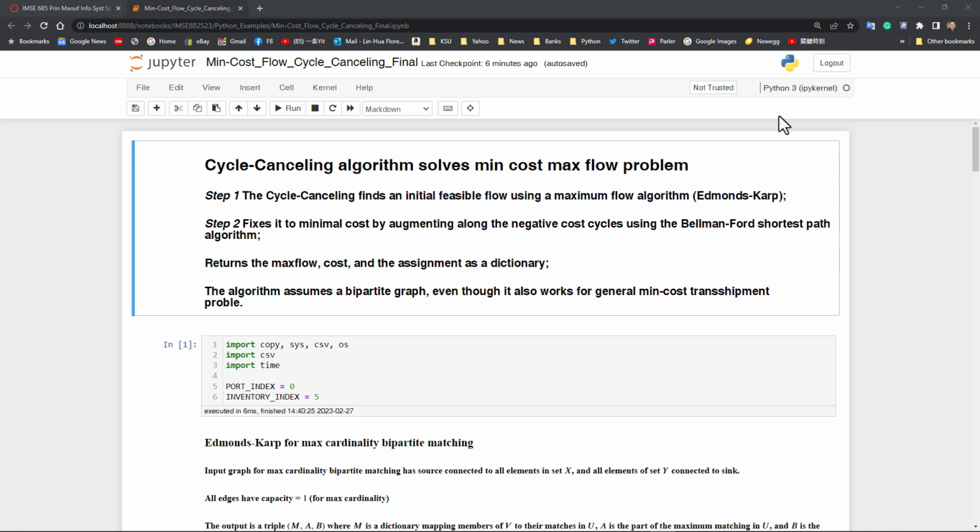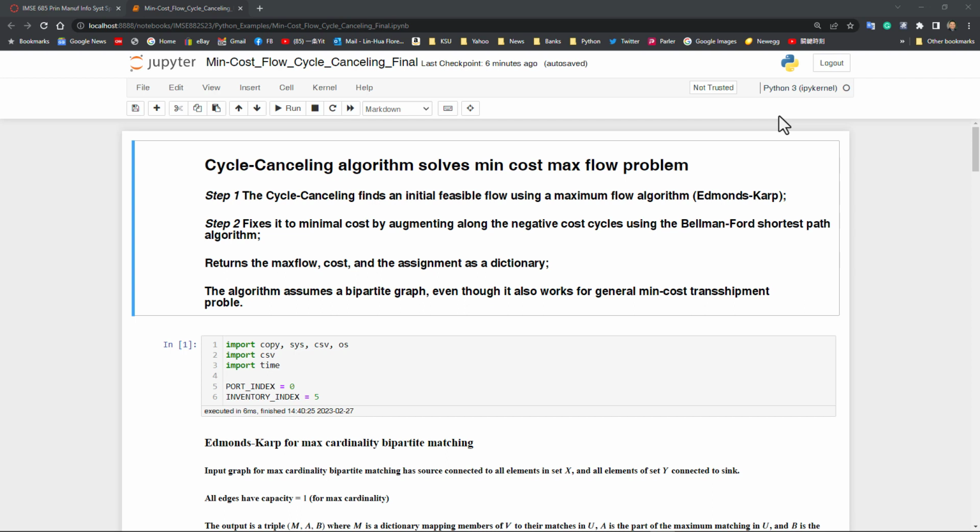There are other alternative solutions for shortest path as well, and we'll probably present them later on if I have time to put it together. But the second step, and the biggest issue, is trying to find the negative cost cycles in your current solution.